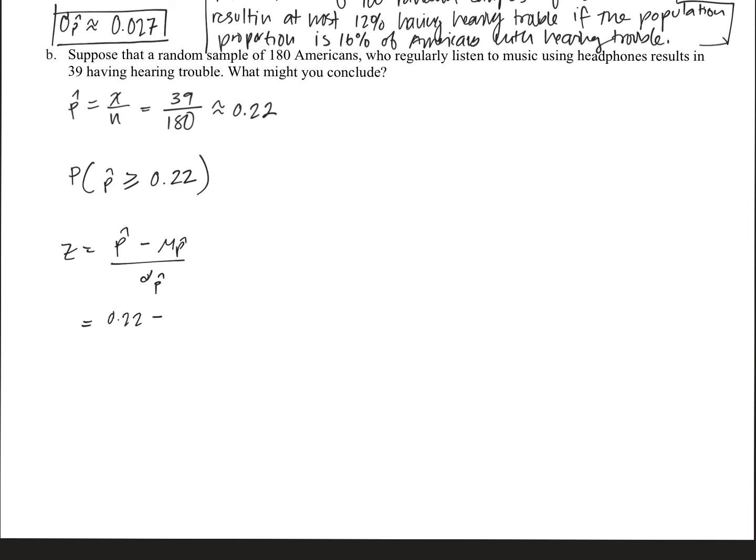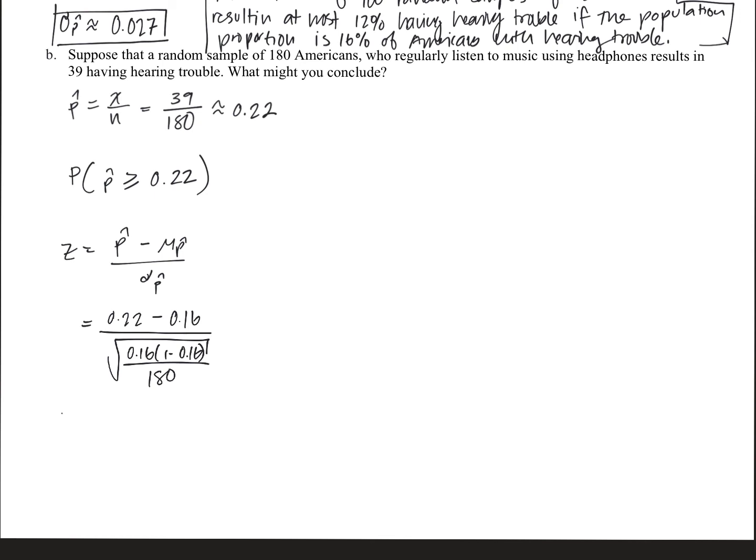Our mu, because we consider this to be normal, is going to be our proportion from the original problem, 16%, 0.16, divided by our standard deviation, which is the square root of 0.16 times 1 minus 0.16 divided by our sample size, which is 180.